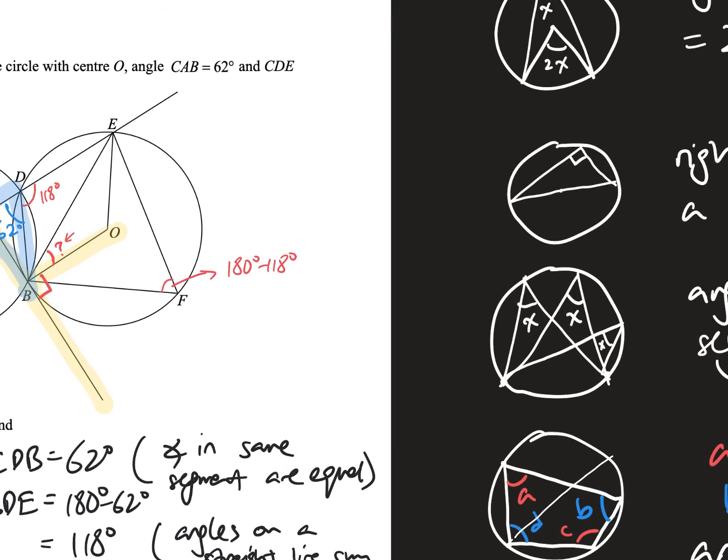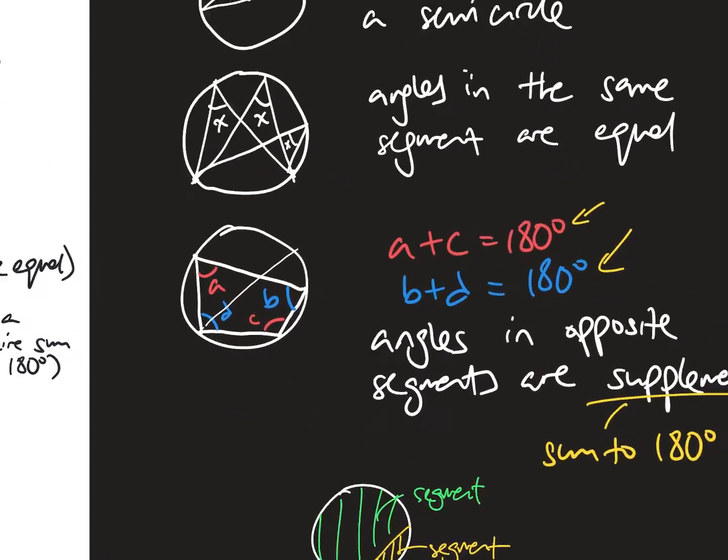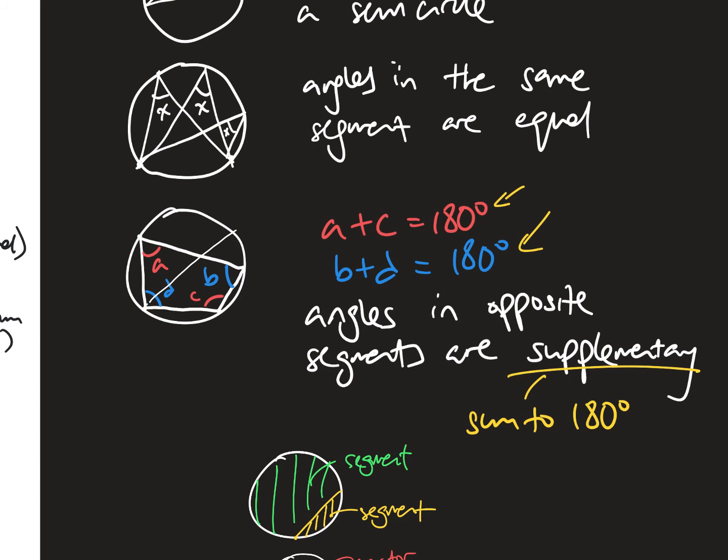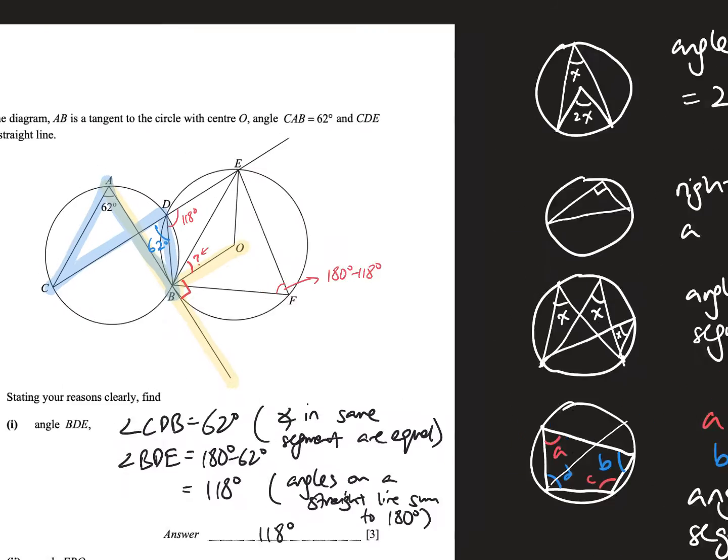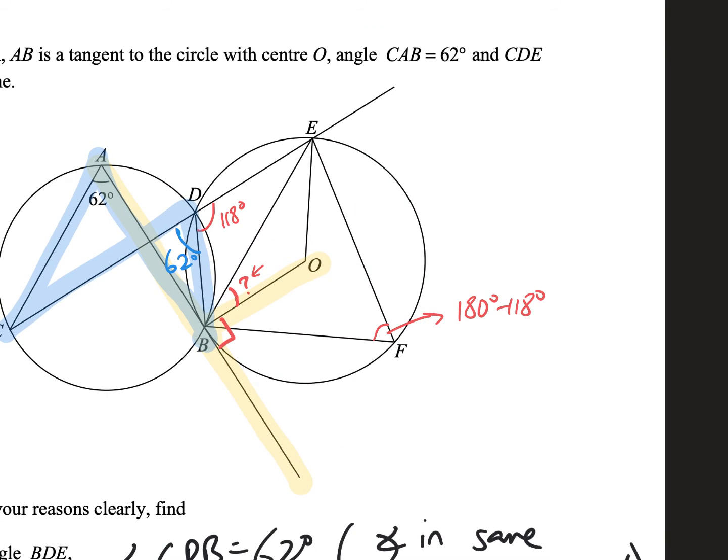The property of a cyclic quadrilateral is that angles in opposite segments are supplementary, meaning they sum to 180. So 118 plus this angle must give me 180. So I take 180 minus 118, and that gives me 62 degrees. So this is 62.